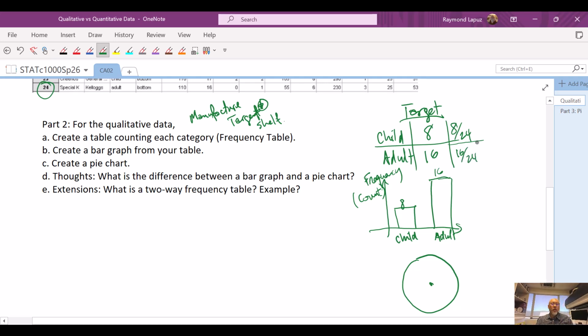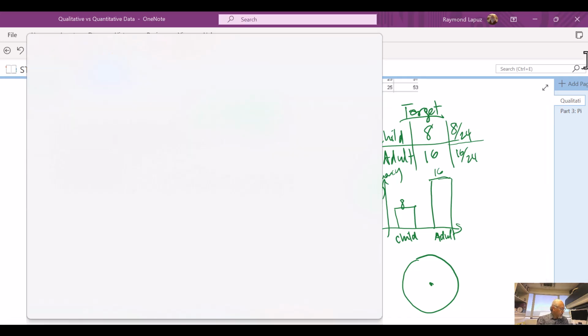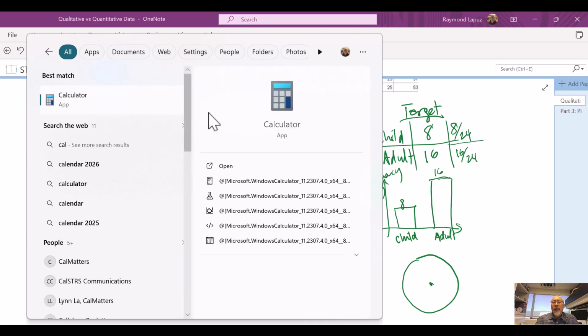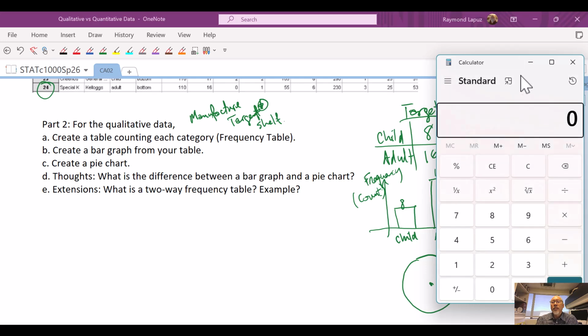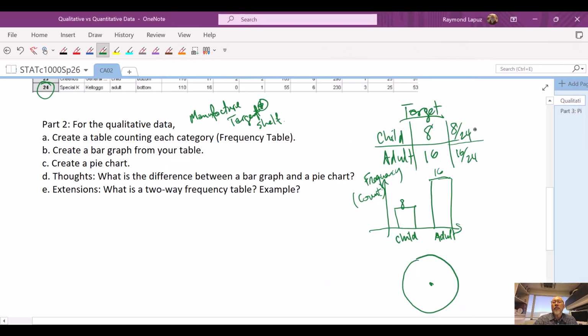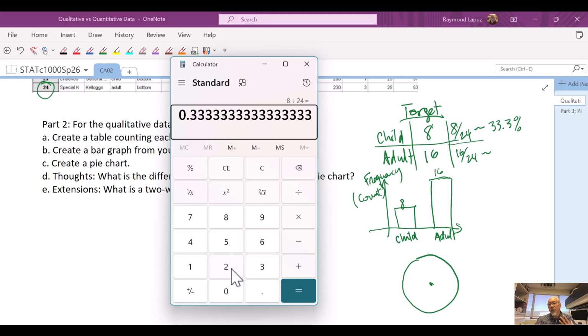And we generally want to look at that as a percentage, and so we could take out our calculator and do our 8 divided by 24, and then we got 0.333, so we can write that as 33.3%. And then I just want to talk a little bit about some of the nuances when we're dealing with pie charts.